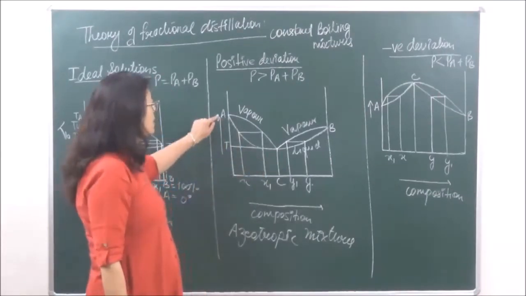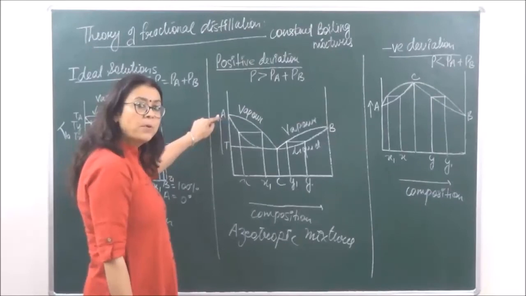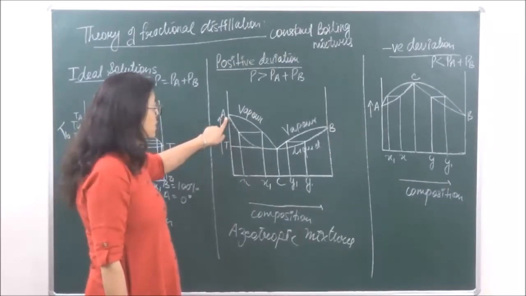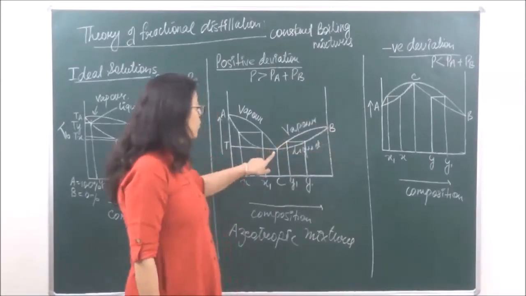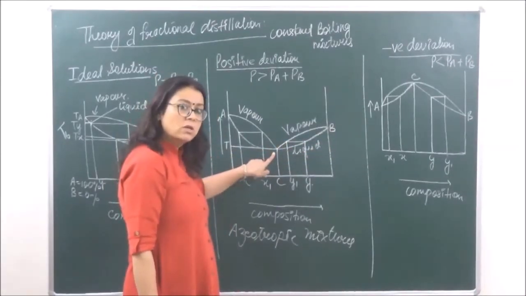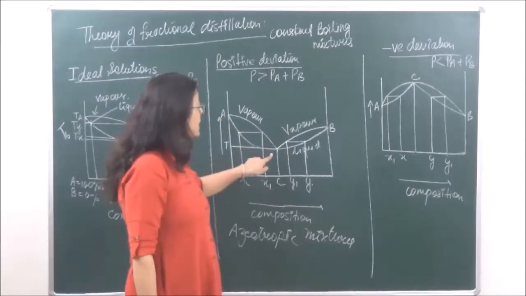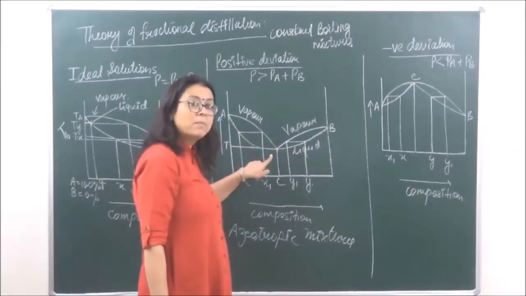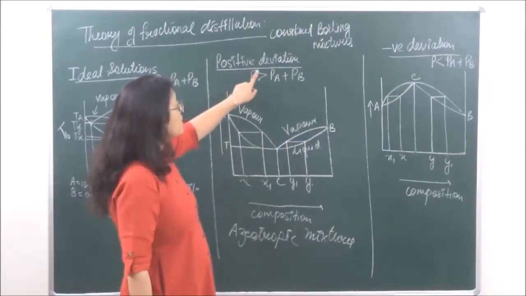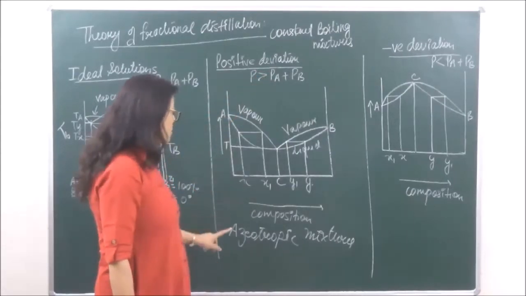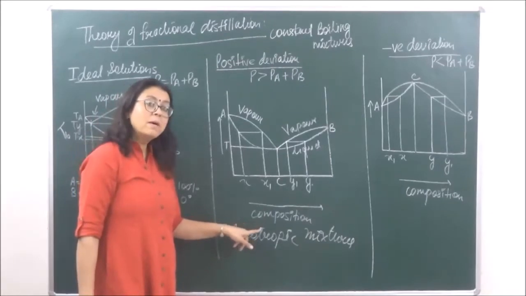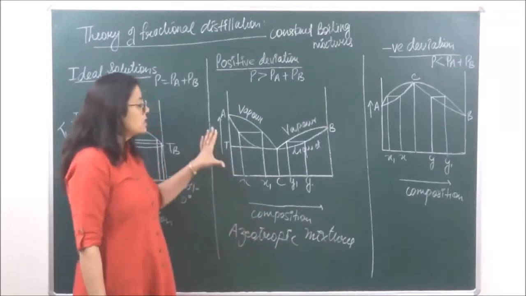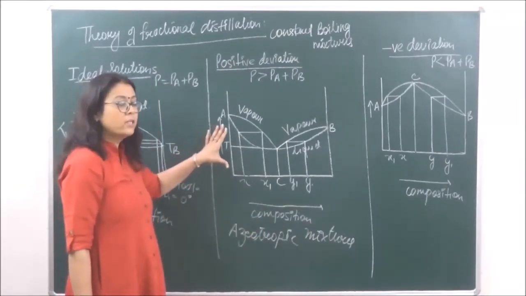You can see that the boiling point of the pure component A is here, the boiling point of the pure component B is here, but the boiling point of the mixture is lesser than A and lesser than B. So positive deviations result in minimum boiling azeotropes. So this is a graph for minimum boiling azeotropes.